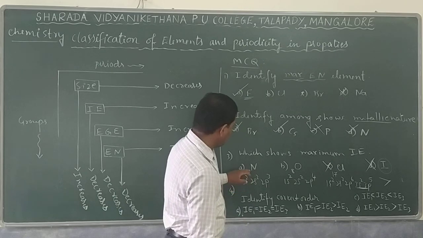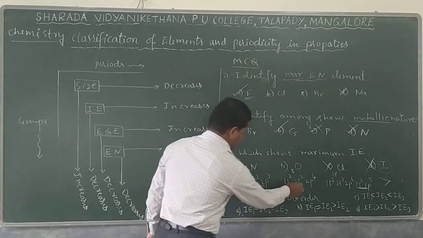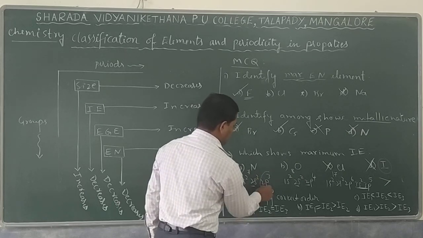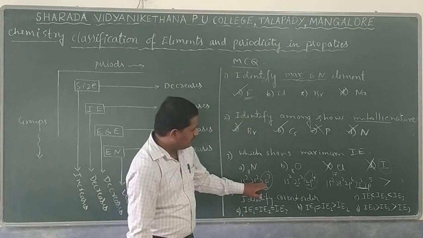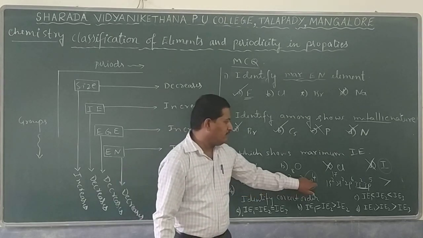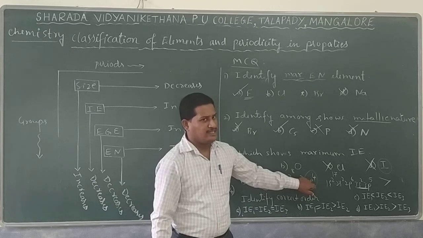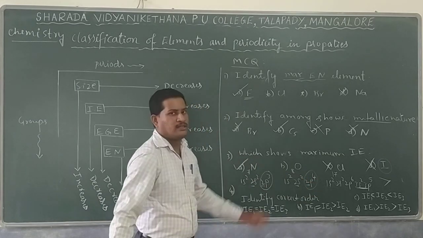Now the competition is between nitrogen and oxygen. The shell number is the same, but look at the configurations 2p3 and 2p4. Half-filled configuration needs more energy, whereas the incompletely filled configuration needs less energy. As a result, ionization energy is maximum for nitrogen rather than oxygen.